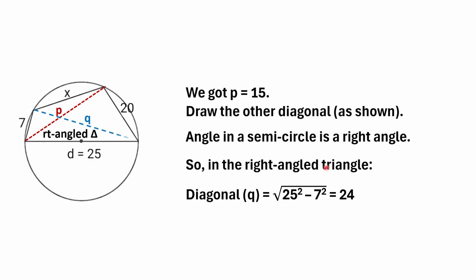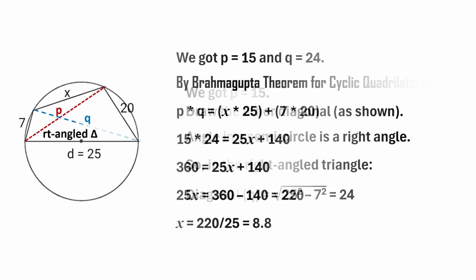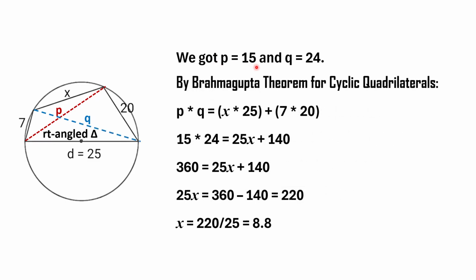So in this right angle triangle, the diagonal Q will be equal to square root of 25 square minus 7 square, that is 24. So P we got 15 and Q is 24.